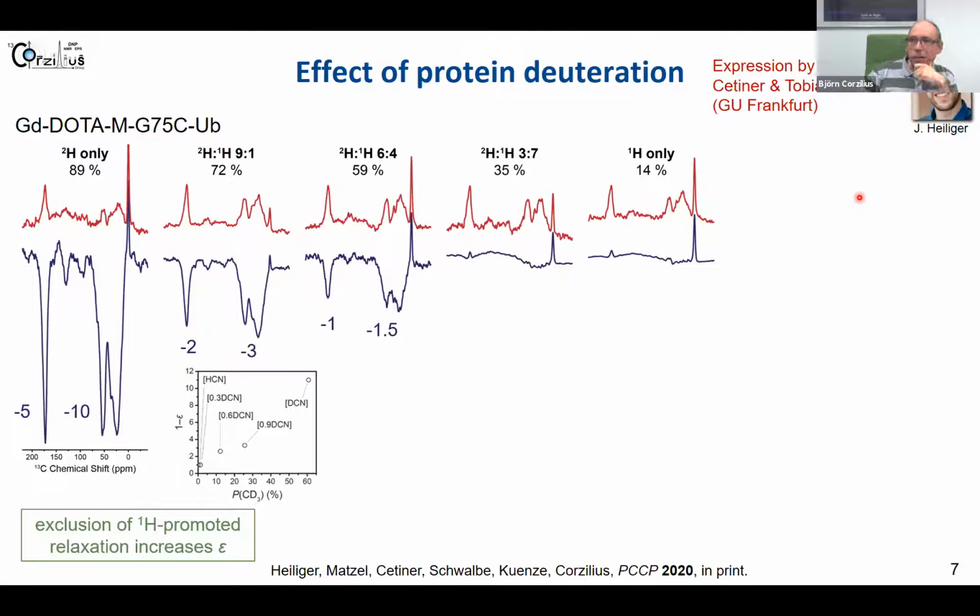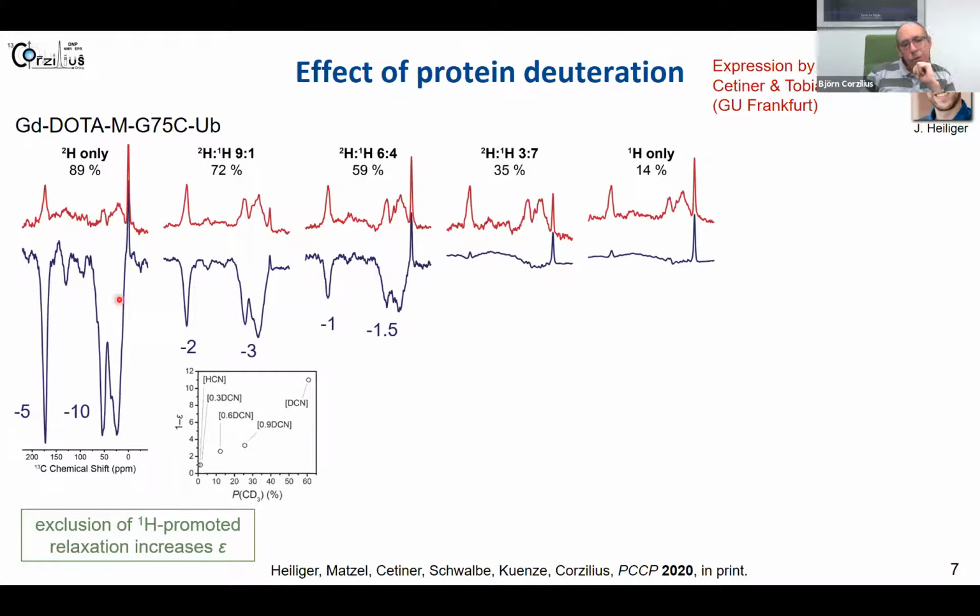This is quite difficult because even if you overexpress ubiquitin from a fully deuterated expression medium, where we have achieved an 89% substitution of protons by deuterium, we still have about a 40% chance of each methyl group to carry at least one proton.